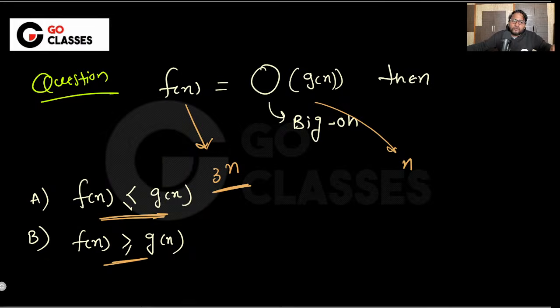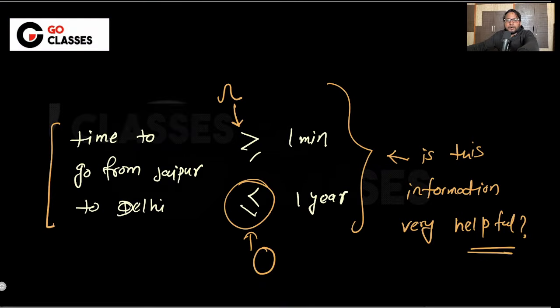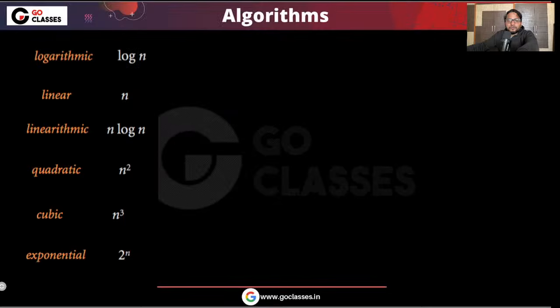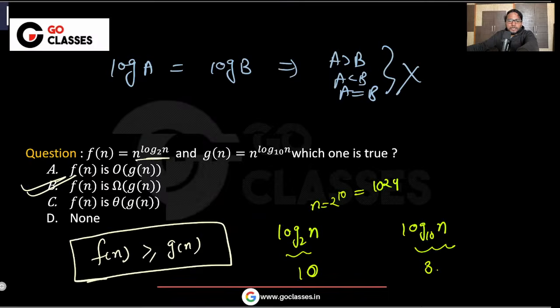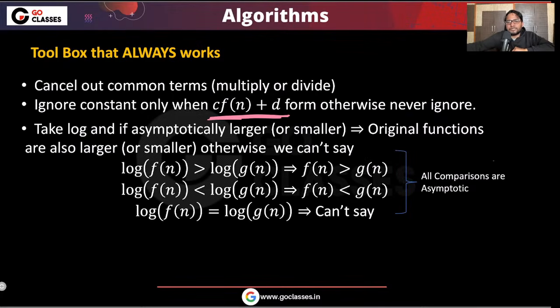See, in all of this, whenever I'm writing something like this, let's suppose I'm saying all comparisons are asymptotic.